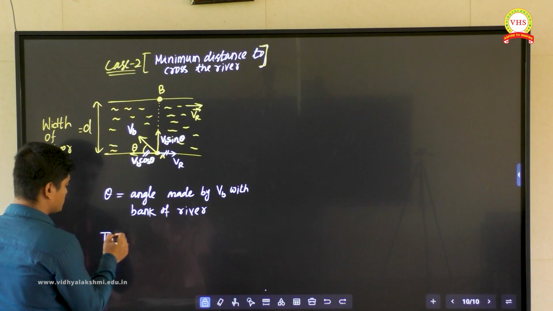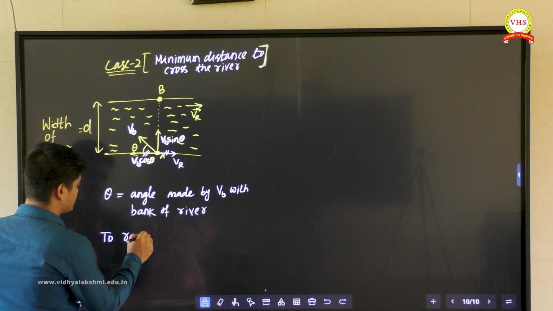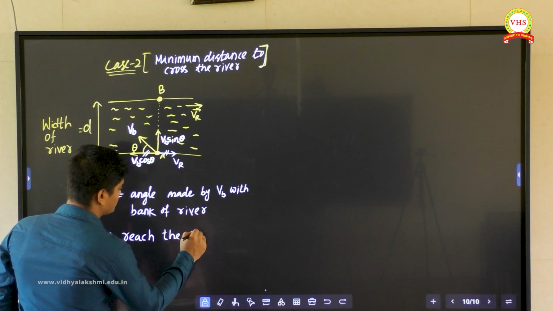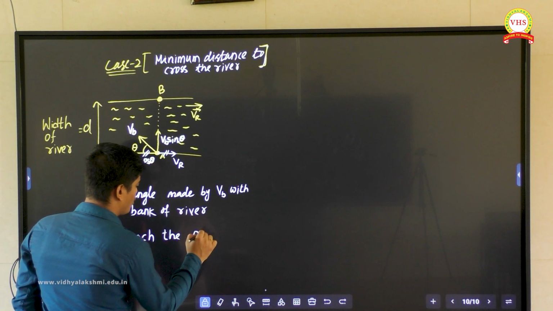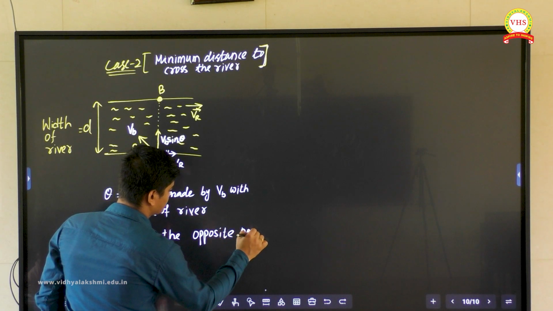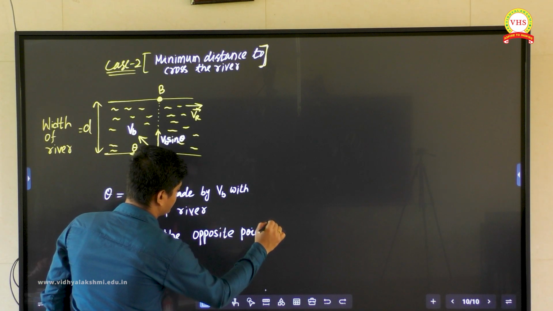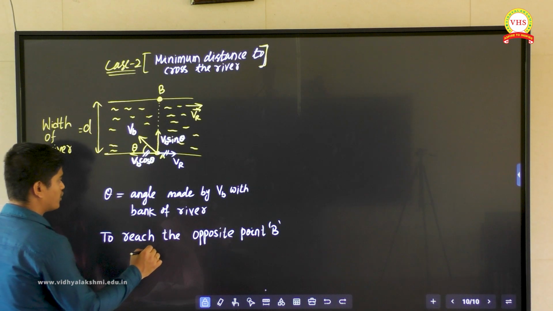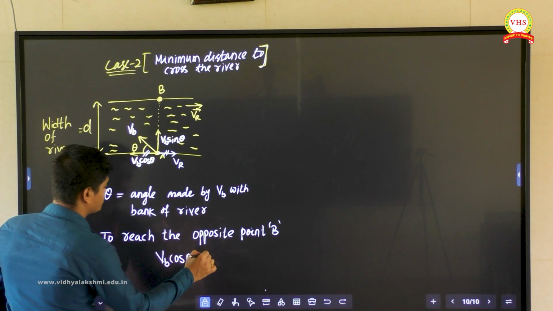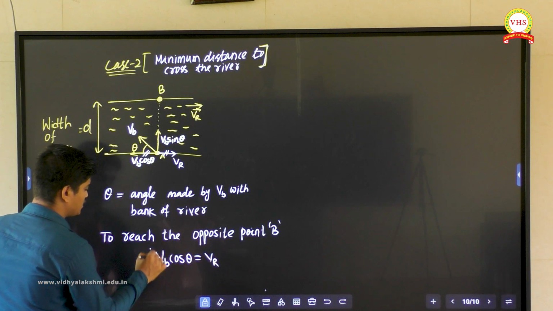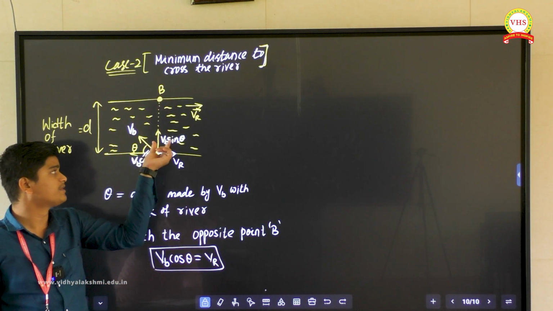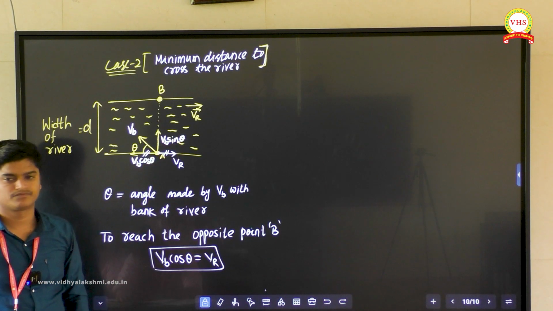To reach the opposite point B, what is the condition? VB cos theta should be equal to VR. Then easily I can reach B with the velocity VB sin theta.